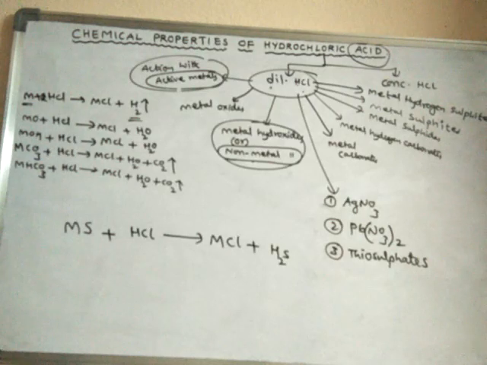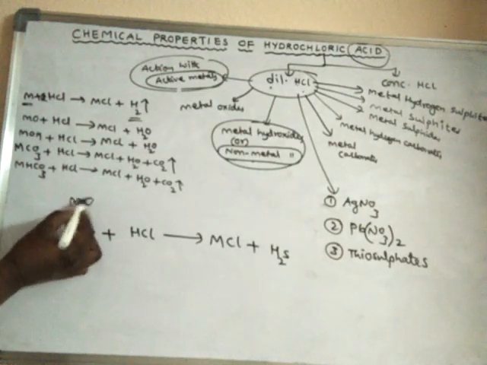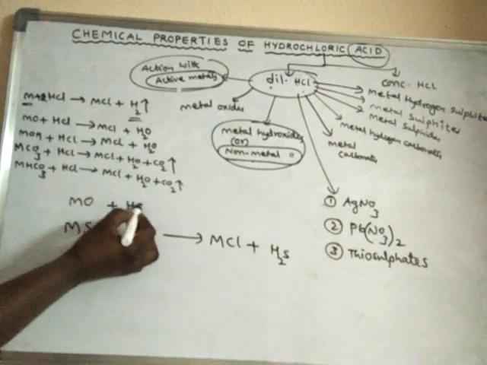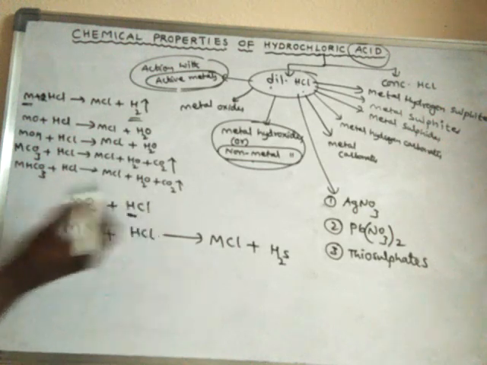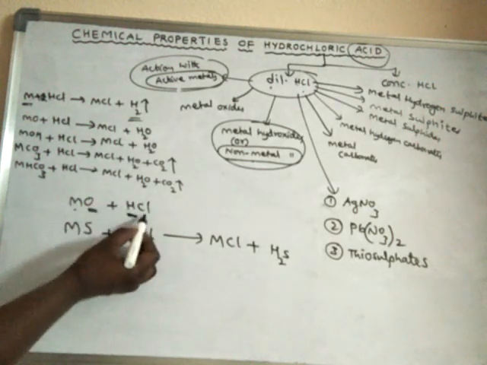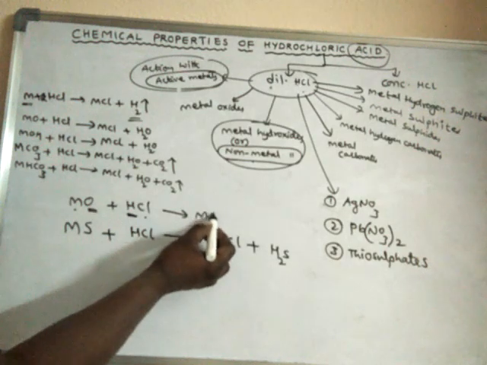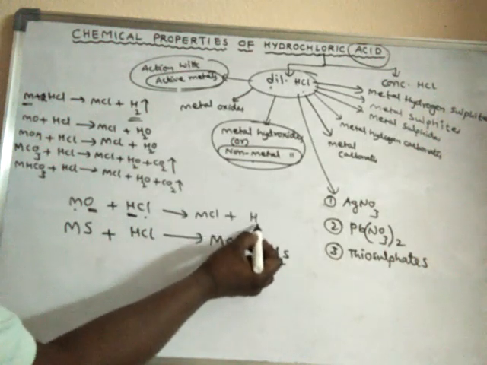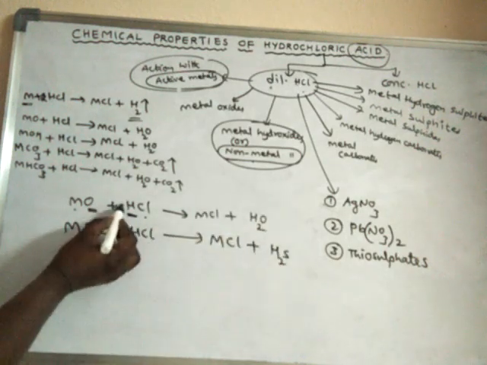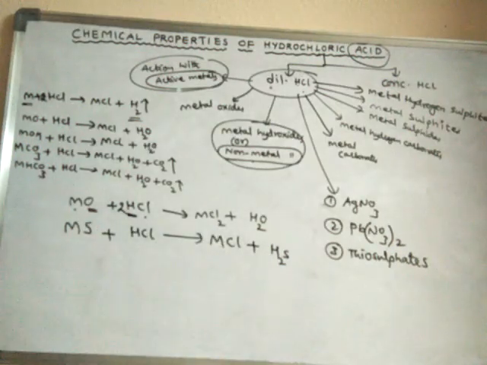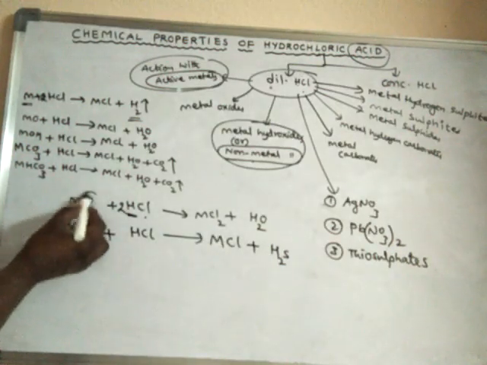H2S gas. If it is metal oxide, the oxygen will react with hydrogen and the metal will react with chlorine to form metal chloride and water.